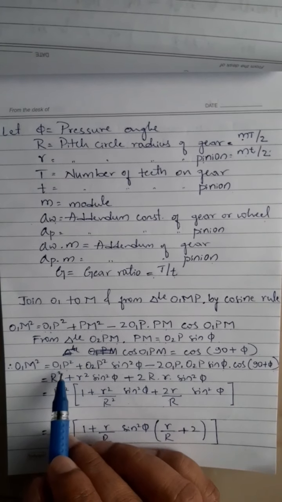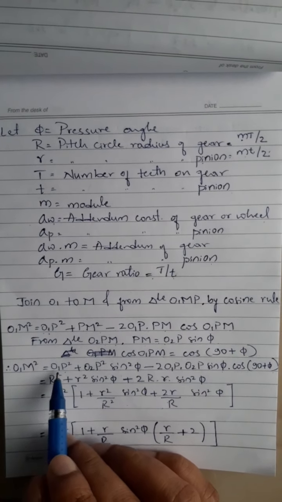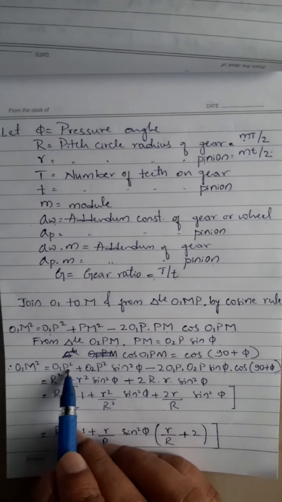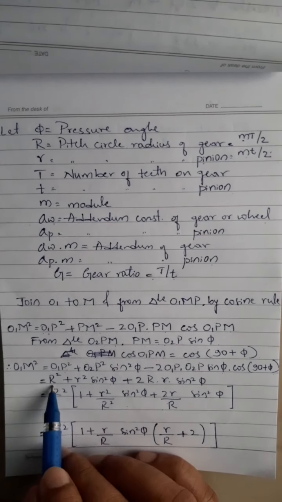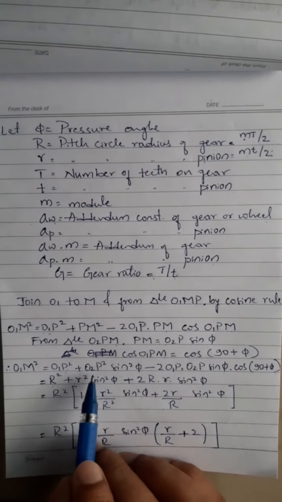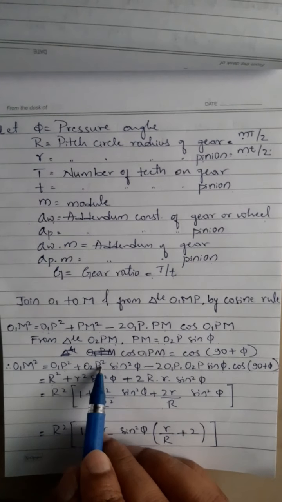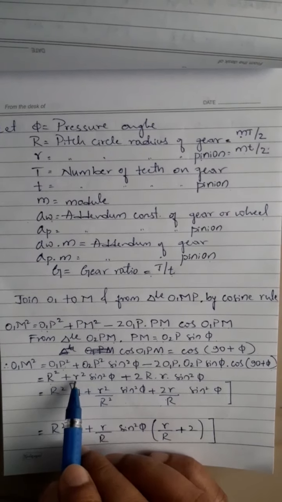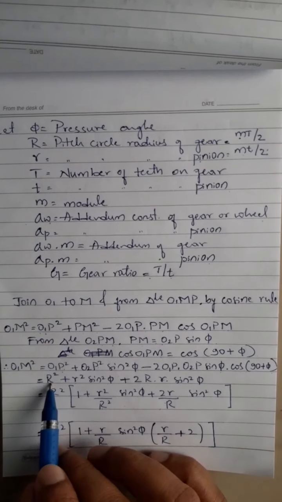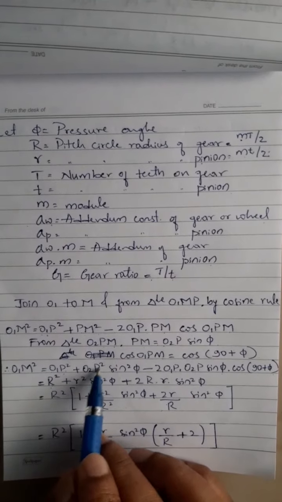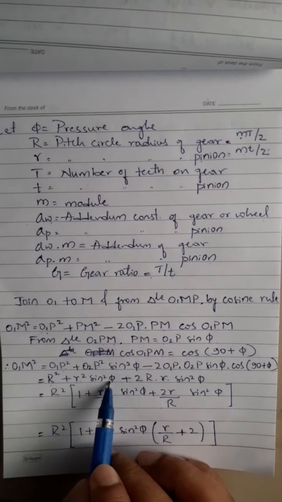And from the figure we can see that O1P is the pitch circle radius of the gear, which is given by capital R, and O2P is the pitch circle radius of the pinion, which is given by small r. So it is capital R square plus small r square into sin square phi.